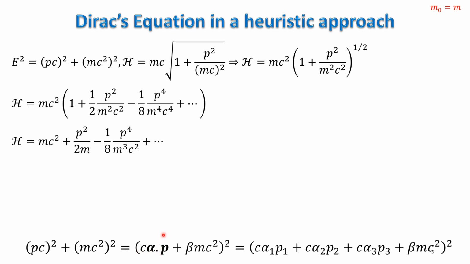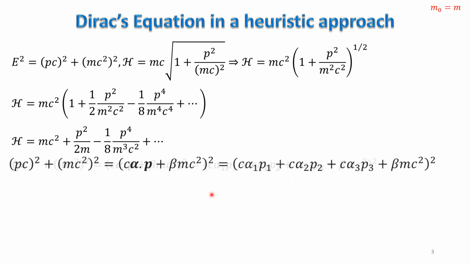Momentum is a vector operator, so I am considering a kind of vector such that alpha 1 p1, alpha 2 p2, alpha 3 p3, where p1, p2, p3 are simply momentum along the x, y, and z directions. They can be used in the operator form we have seen. And here we have introduced another constant beta with the rest energy.